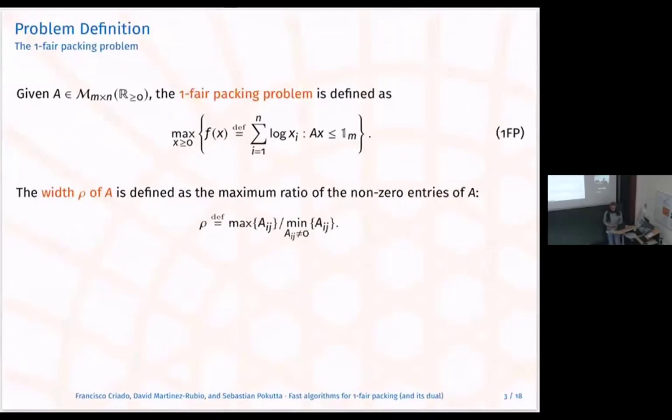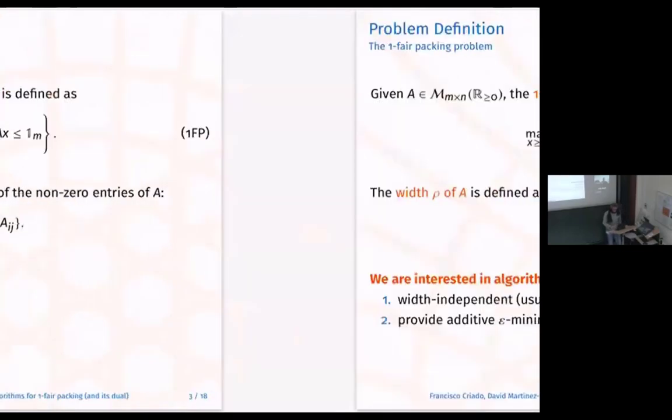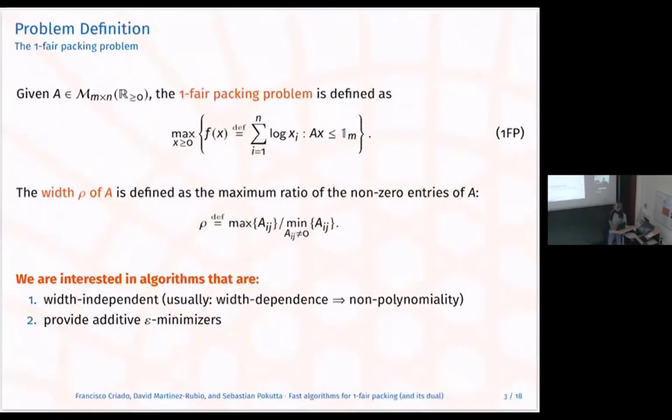In this context, typically an important notion is the notion of width, because it's some measure of complexity, and the width of the matrix A is basically defined as the ratio of the largest entry of A divided by the smallest non-zero entry of A. The reason why I have introduced this notion is to basically say that we want to look for algorithms that are independent of this width.